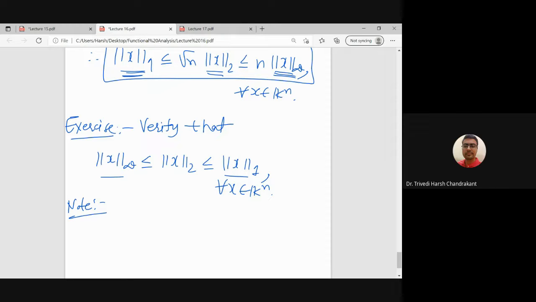So topologically all these norms are the same. But geometrically they are different.